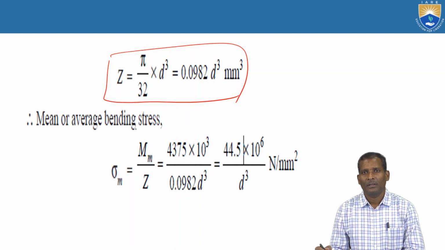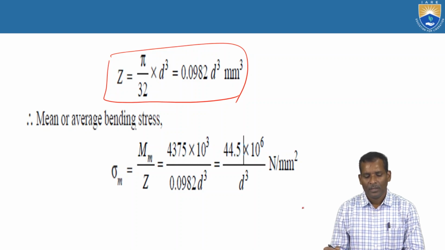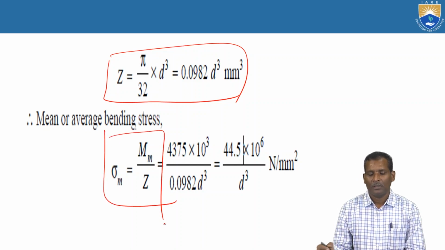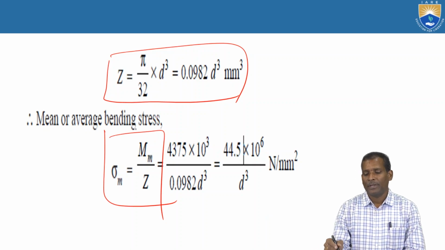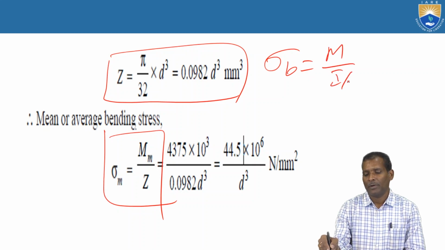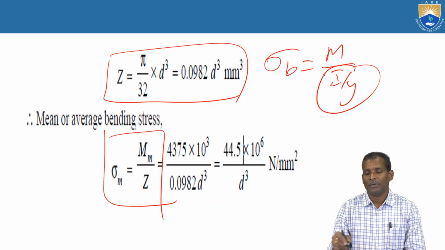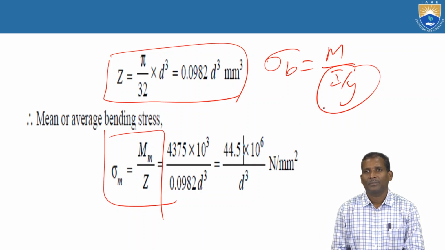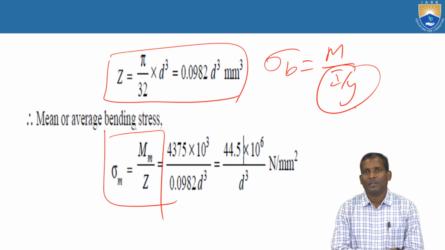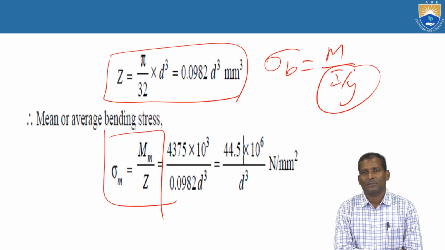Now substitute in this equation: bending stress is equal to bending moment upon I by y. Here I by y is nothing but Z, the section modulus, the moment of inertia to the distance of the cross section from its neutral axis.